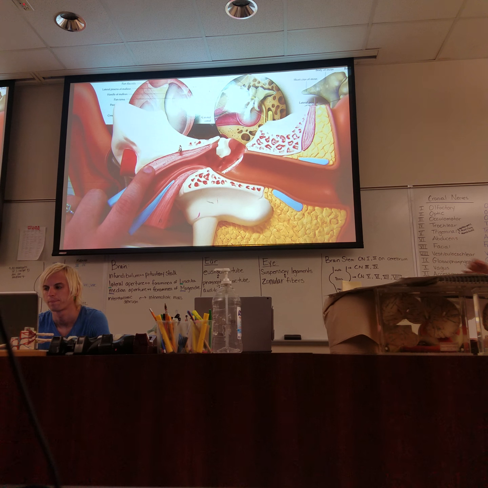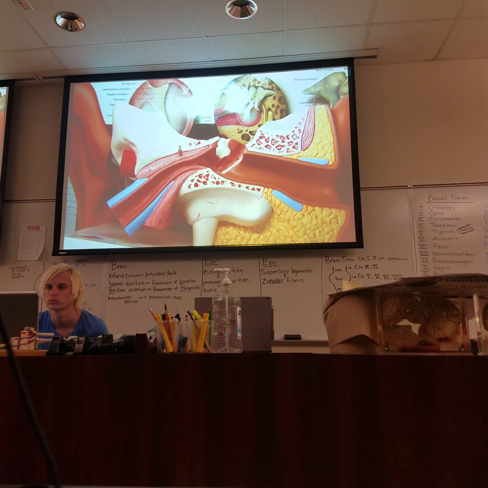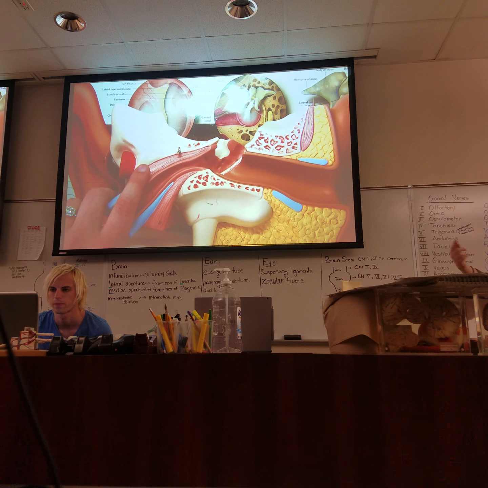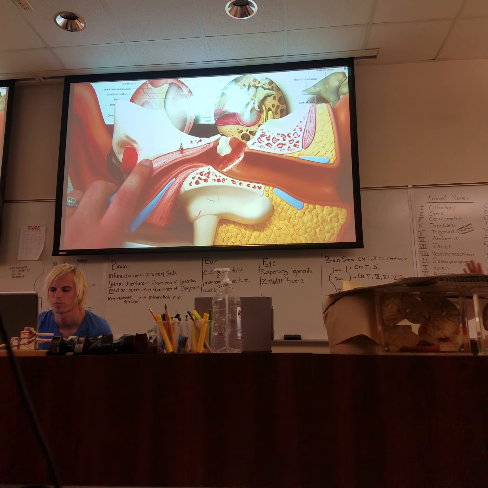Tensor tympani on top, innervated by trigeminal branch 3. All T's. So if you remember the stapes by the stapedius by 7. Here we have the tensor tympani on top of the tube, innervated by trigeminal branch 3. All T's. So once again, tensor tympani innervated by trigeminal branch 3.